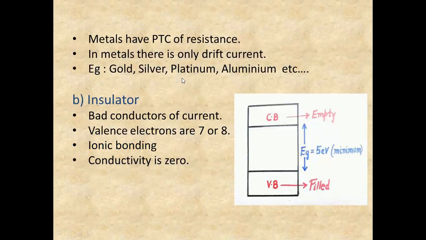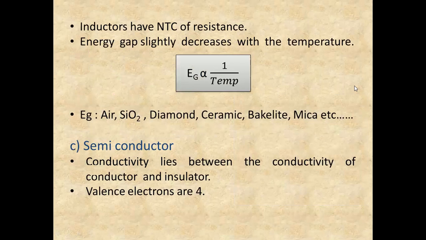This energy gap, like 5 electron volt, will reduce a little bit, and when this energy gap is covered up, then conductivity will start occurring. So for conduction you have to remove this energy gap. That's why we have the statement that energy gap slightly decreases with the temperature.